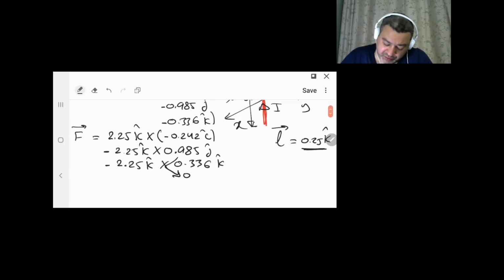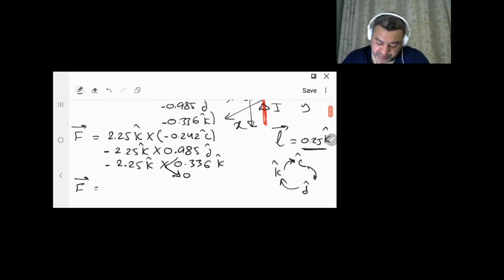So in order now to calculate the other two components, I will be relying also on this diagram that tells me how to calculate the resulting unit vector. So F equals K cross I. So let me look at K cross I by itself.